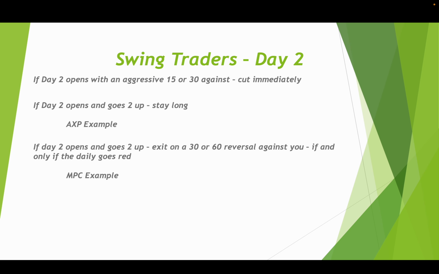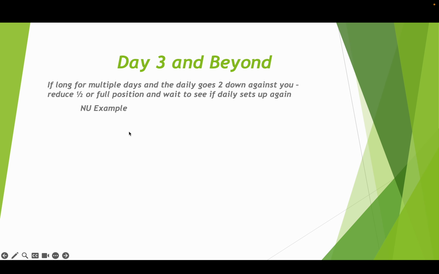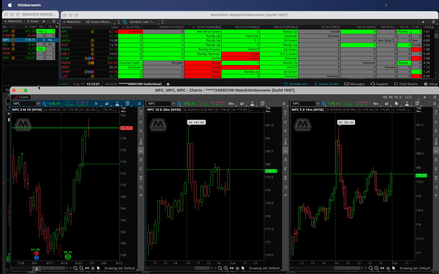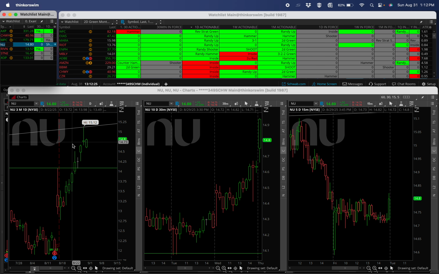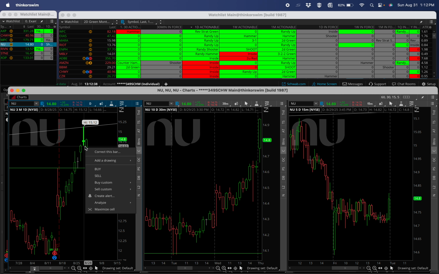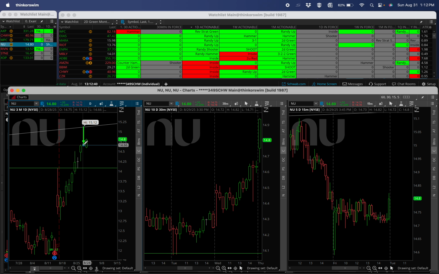Just get out. Day 3 and beyond: if you're long for multiple days and the daily goes 2 down against you, reduce half or full position and see if it sets up again. So here's when we were looking at NU. I got long NU, I want to say right up in here off this inside day. Comes up, goes 2 up, 2 up, 2 up. Again, here's your next chance to add. The first day the stock told me to get out potentially was right here.